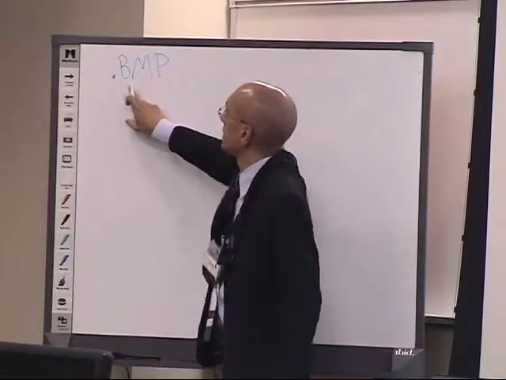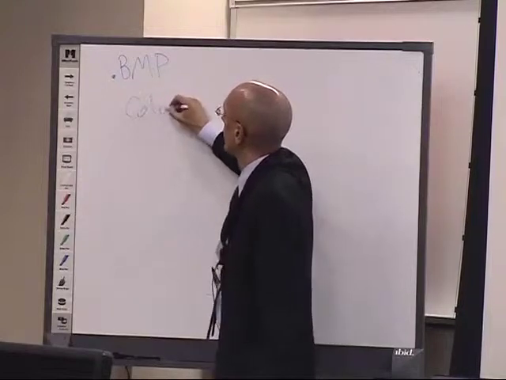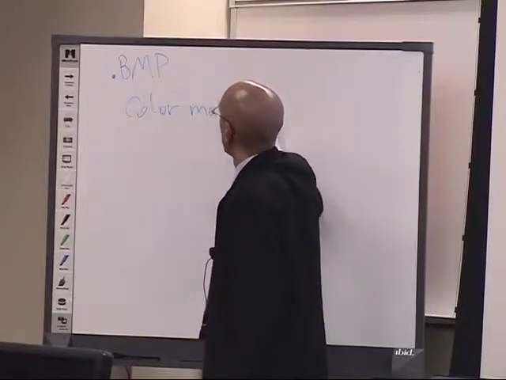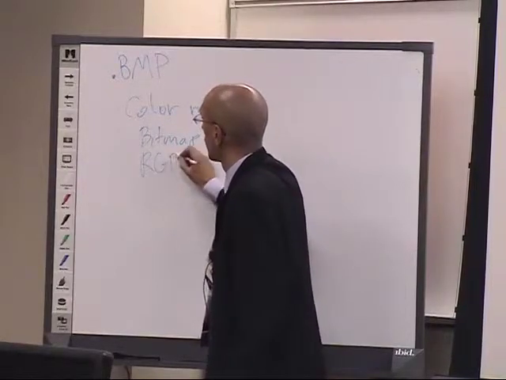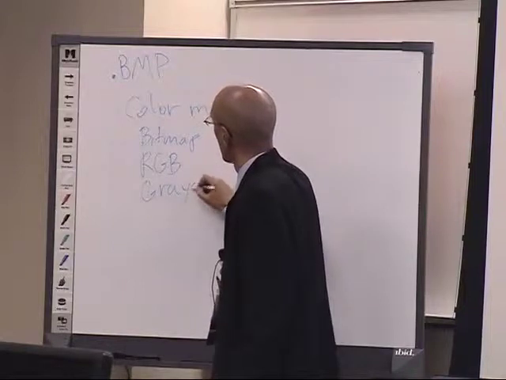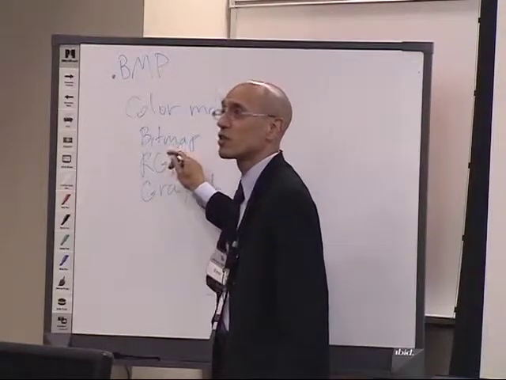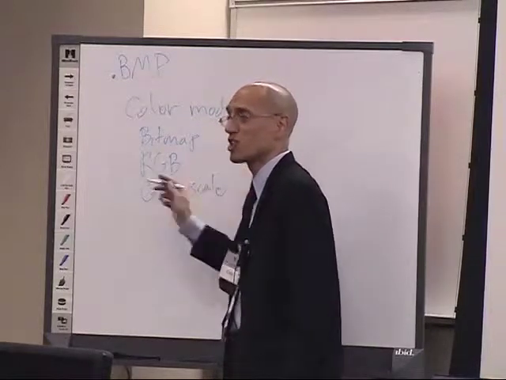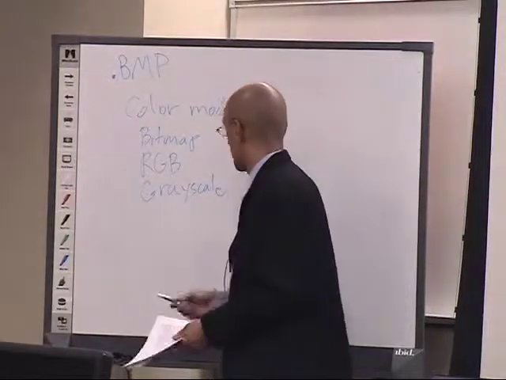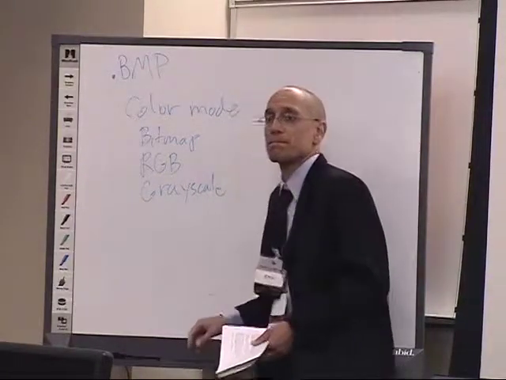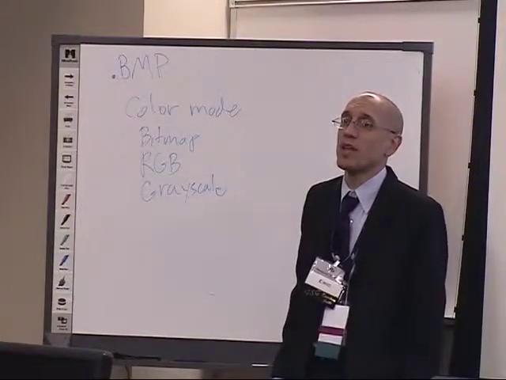But if you're doing a color mode called bitmap, in addition to RGB and grayscale, you never want to do that, because it will turn it into a literal black and white image. It will look like a photocopy. That's dangerous.